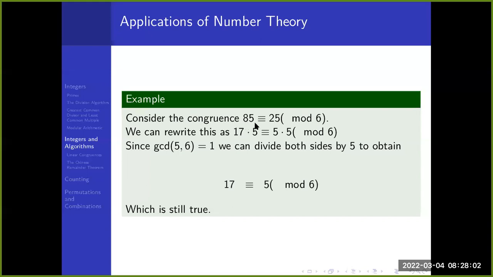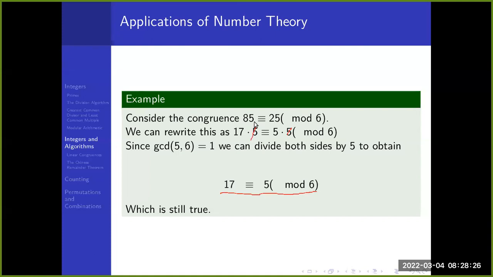So we notice that 85 is the same as 17 times 5, and 25 is the same as 5 times 5. So 5 and 6 are relatively prime. Since the GCD of 5 and 6 is 1, then it's possible for me to cancel out this, divide both sides by 5, and I still end up with a congruence that holds.